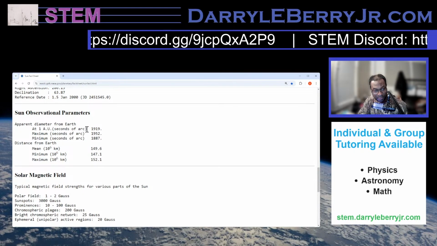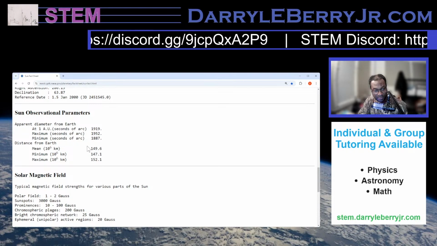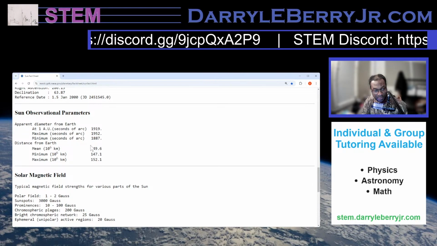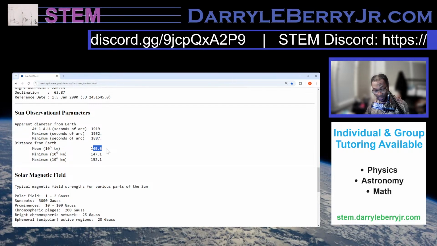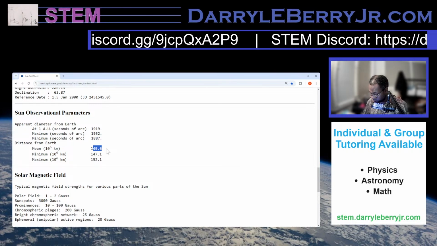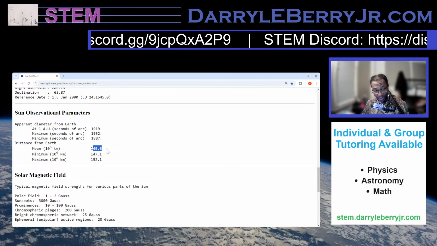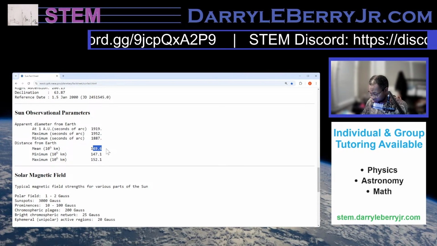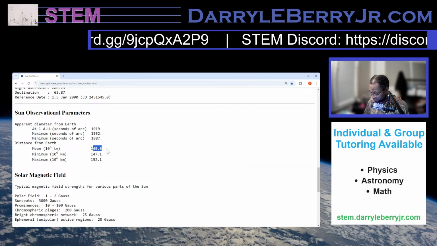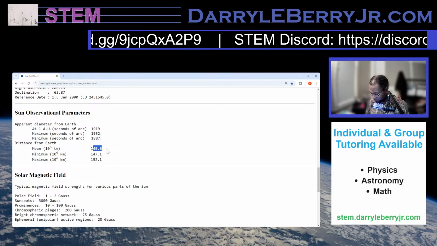On the AU, Earth, distance from the Earth, minimum, maximum, mean, we have 149.6 times 10 to the 6 kilometers.